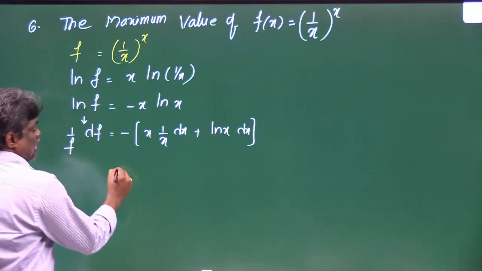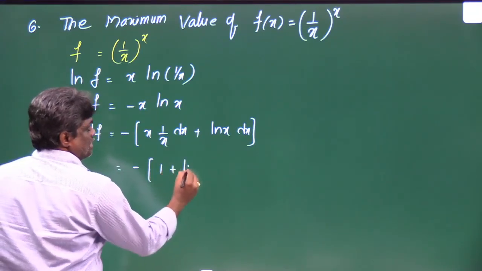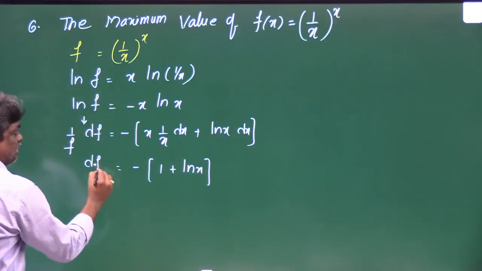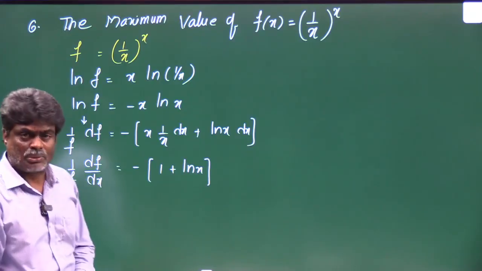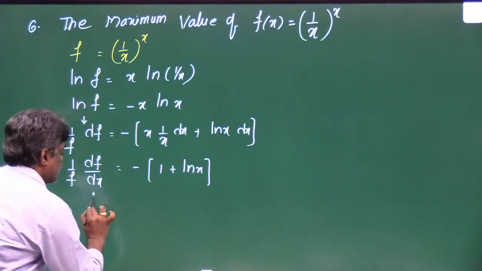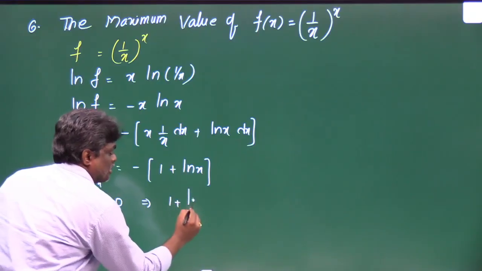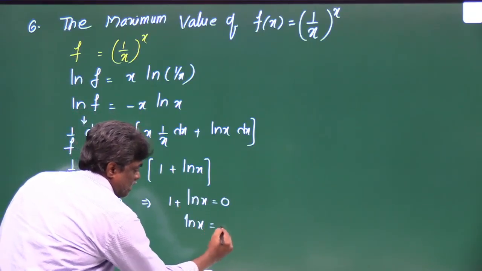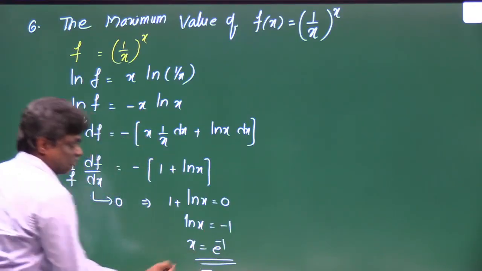Now you just take out common, so this is nothing but minus of 1 plus log x, and here you can bring this dx this side, df by dx, and you can keep this 1 by f as it is, no issue, because the first derivative is equal to 0, that implies 1 plus log x equal to 0, and log x equal to minus 1, x is equal to e raised to minus 1.